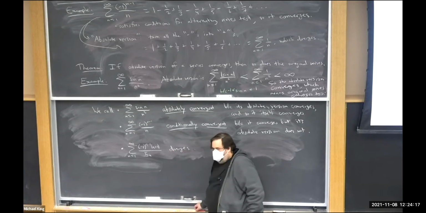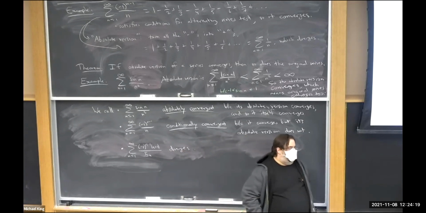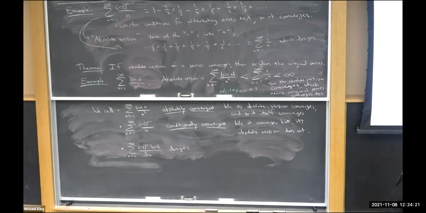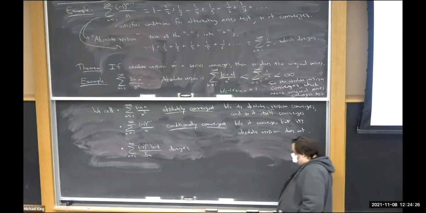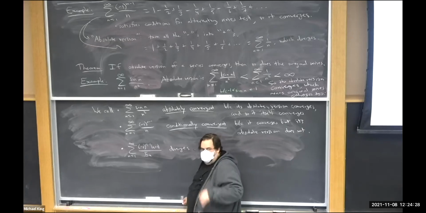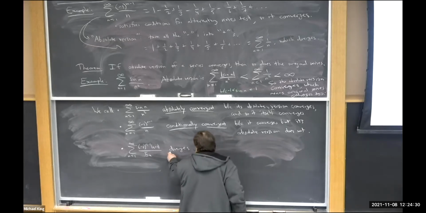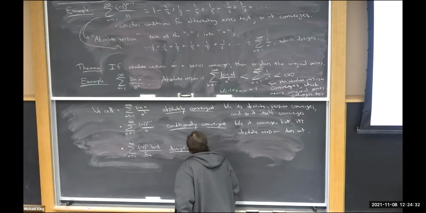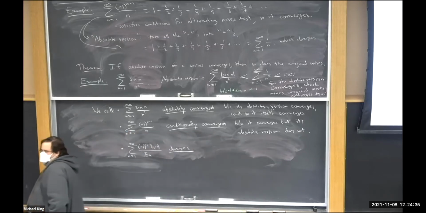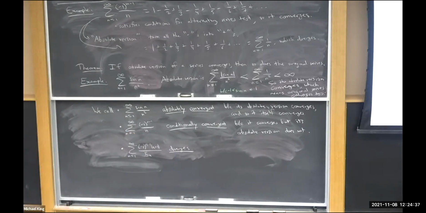Okay. So these are sort of the three. Instead of just convergent and divergent, we now have three possibilities: absolutely convergent, conditionally convergent, or divergent. Okay.